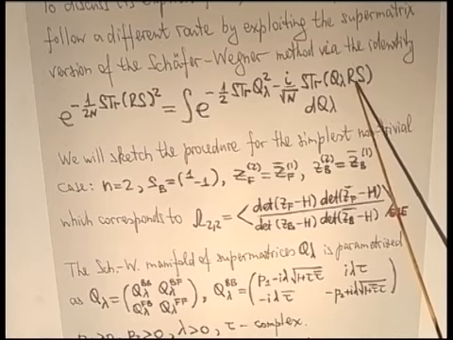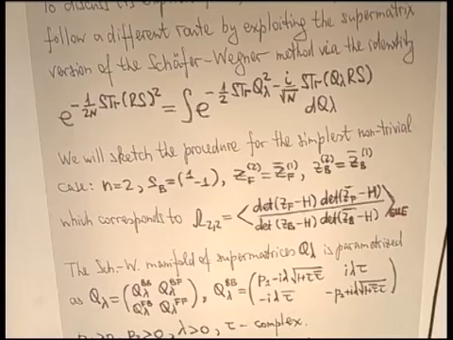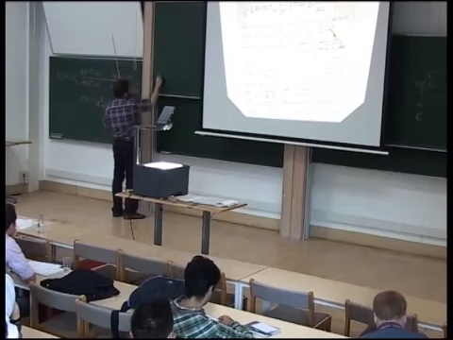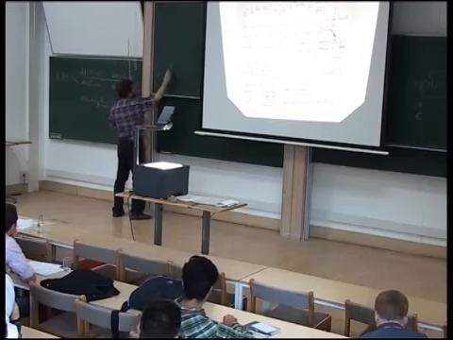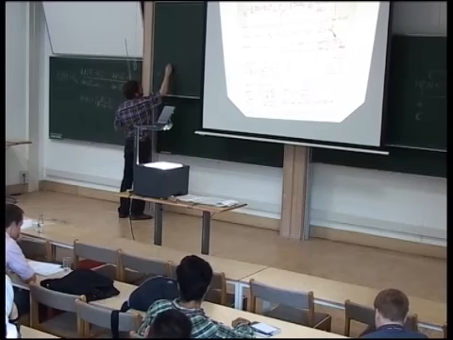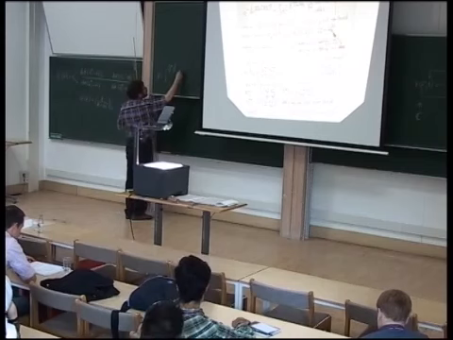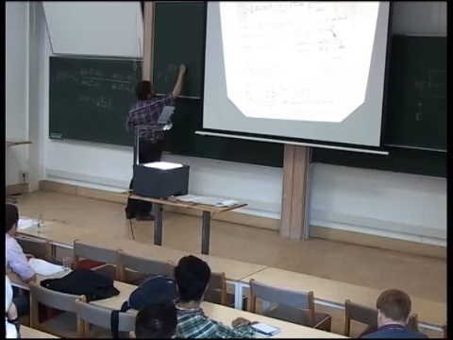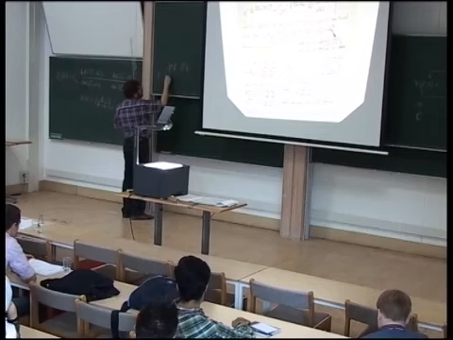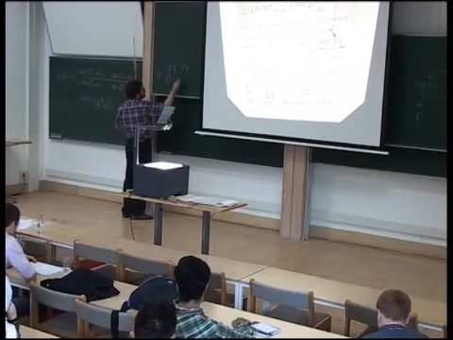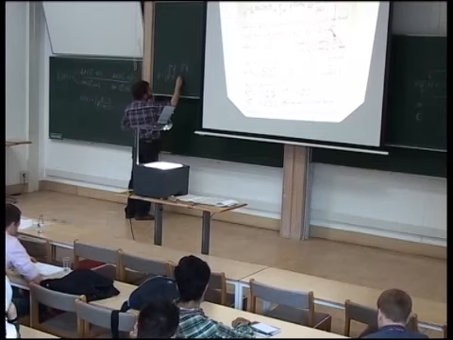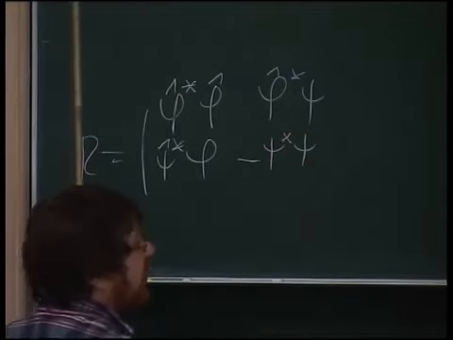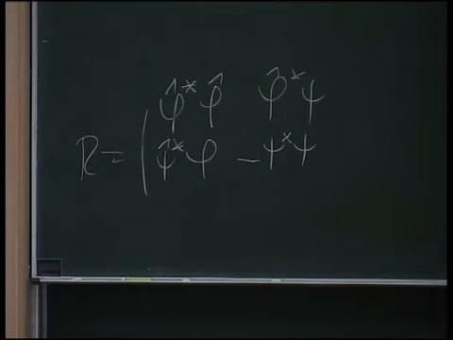We linearize it using this representation. Please recall R is a matrix. I won't write it in full, but remember this was a matrix bilinear in these components. I think it was written with phi, psi, and minus psi, psi, if I remember correctly. You can find it in your lecture notes from the previous lecture.